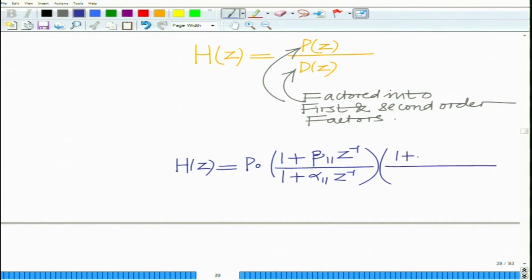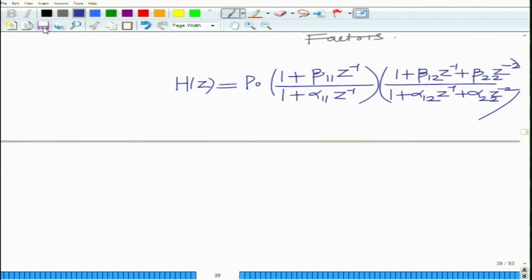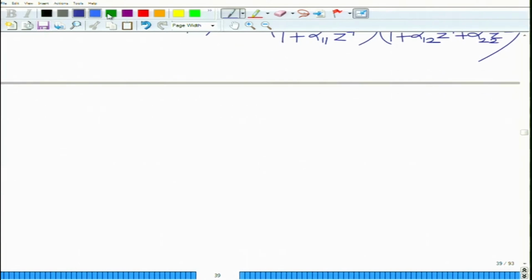Then (1 plus beta 1 2 z inverse plus beta 2 2 z raised to minus 2) divided by (1 plus alpha 1 2 z inverse plus alpha 2 2 z raised to minus 2). So, we do this, and this can be realized as follows.